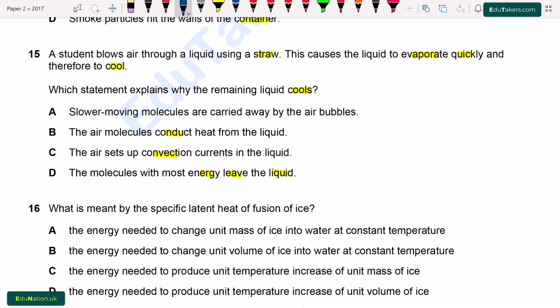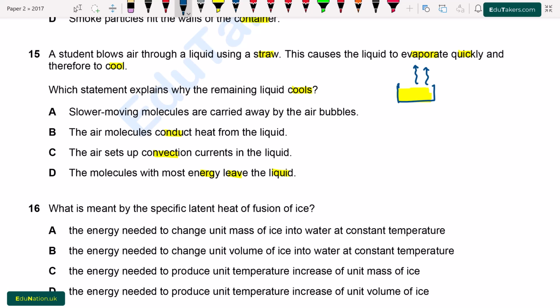So first of all, evaporation is basically the escaping of the liquid molecules from the surface. If I consider here is liquid, then the high energy molecules escape from the surface, leaving only the low energy molecules.